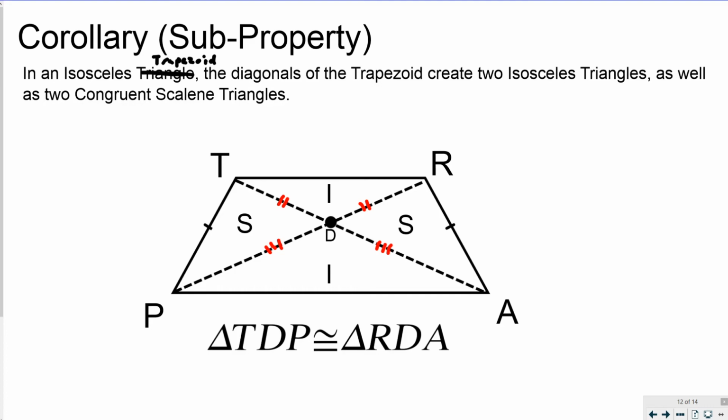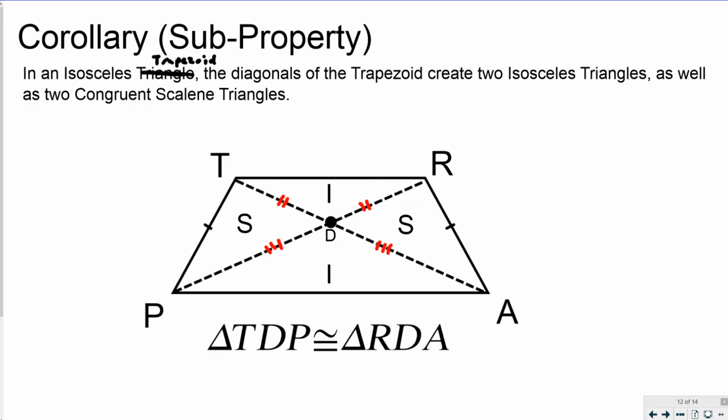Take a look. I have PDA is an isosceles trapezoid, and TDR, and I marked the two isosceles triangles with eyes. So we've got an eye in the top one and an eye in the bottom one. Those two triangles are not congruent to each other, but they're isosceles triangles, which is important.